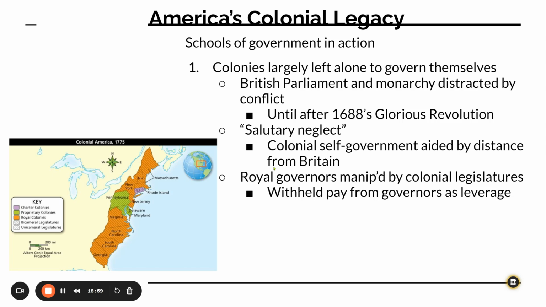But in reality, the legislatures could manipulate those governors, and they didn't have to resort to really anything that complicated. All they had to do was not vote to approve pay to the governor. They're not saying, Governor, we're taking away your salary. They're saying, Governor, we know that we owe you this money. We're not going to give it to you until you do what we want. And this was a common strategy in the colonies.